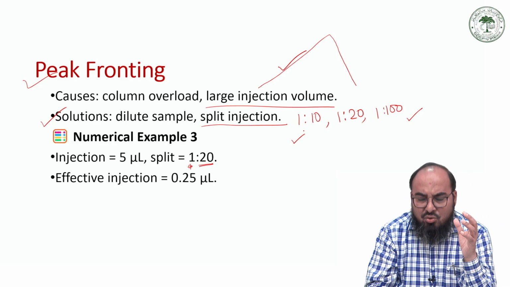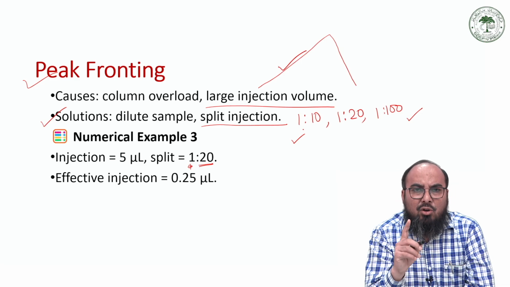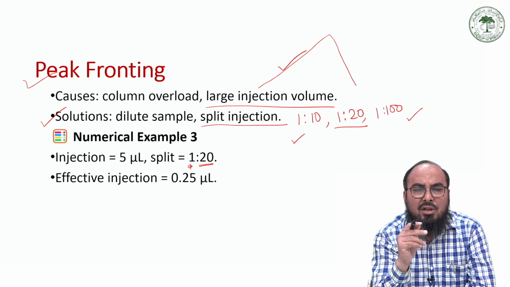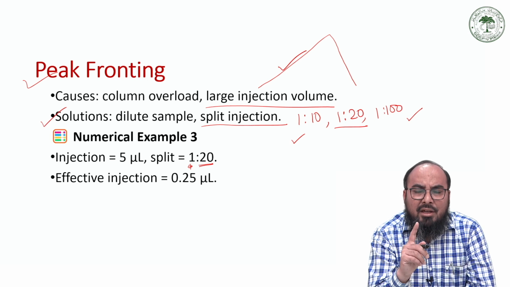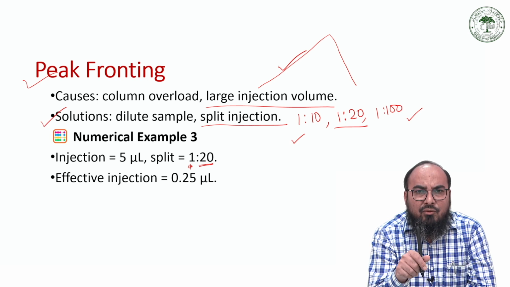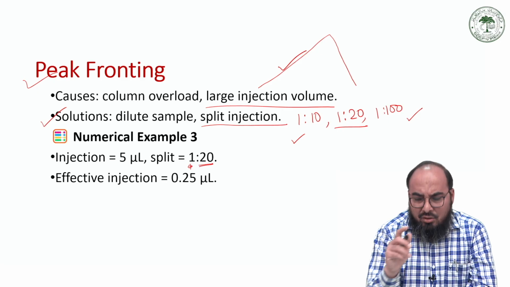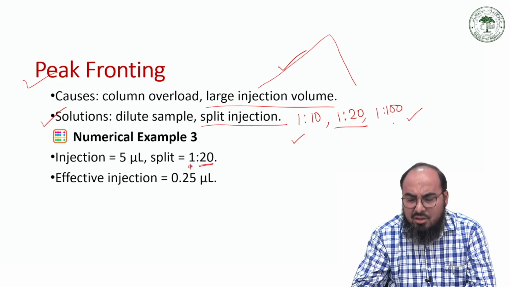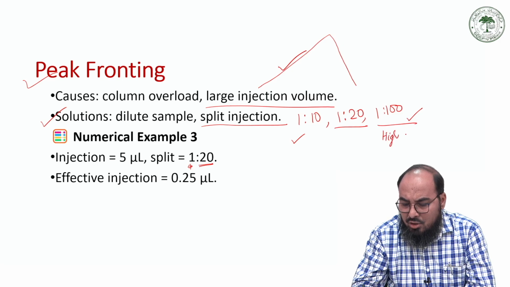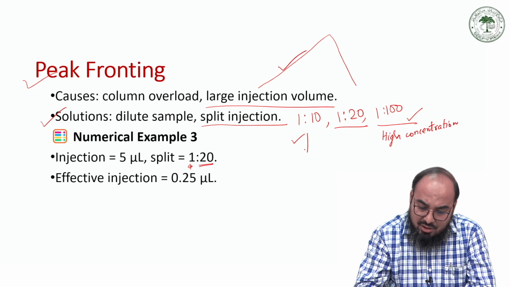If you have 1:10, then only 1 part out of 10 is going into the column. If you have 1:100, then only 1 part out of 100. So for high concentration, you use these ratios, and for low concentration, you use the lower ratios.